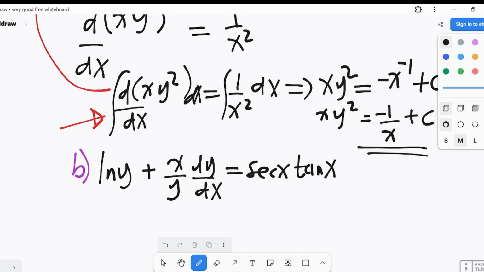Now, here I want you to see that in this first expression, automatically x was differentiated.